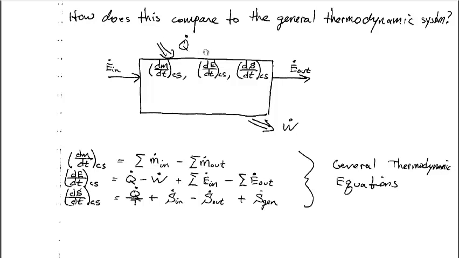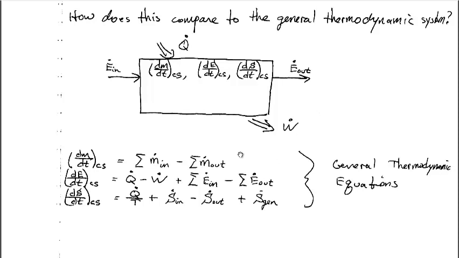And the only way that we can exchange energy between the system and the surroundings is by having energy flow in along with the mass flow rate or energy flow out. And we can exchange energy through heat transfer with the surroundings, and through work transfer with the surroundings.